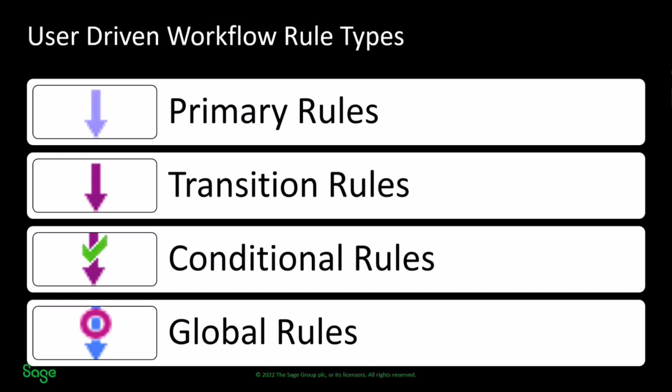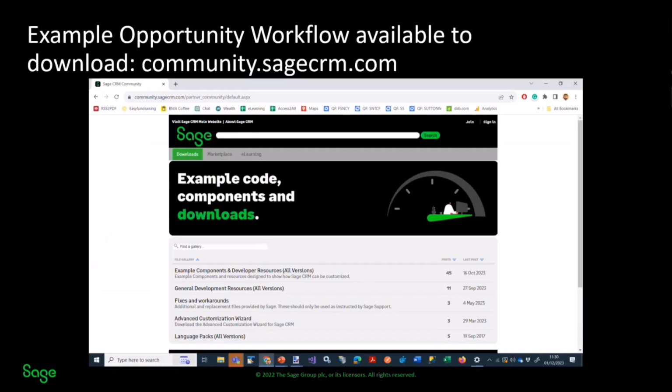Specifically, I think that one of the best ways of learning about the capacity of workflow within Sage CRM is to look at not only the default workflows, but some of the workflows that are available to be downloaded from community.sagecrm.com. If you visit community.sagecrm.com, you will see a section there called downloads, and within that, you'll be able to see example components and developer resources.